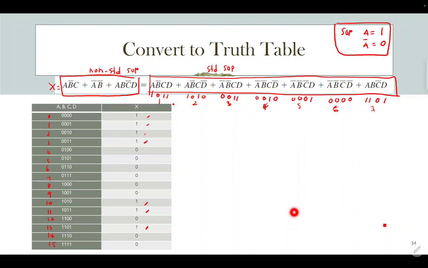If you read this truth table, this one will be A bar, B bar, C bar, D bar.